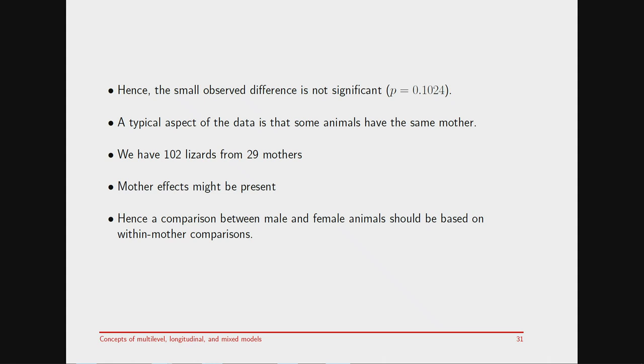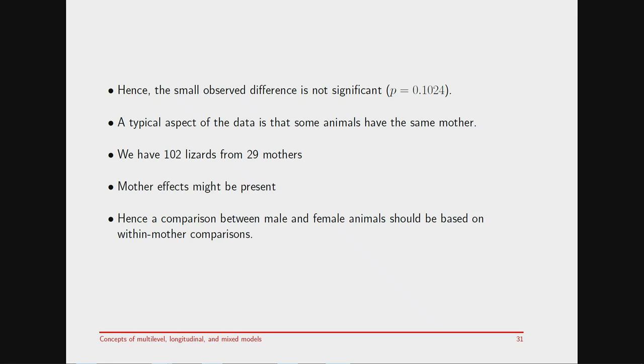The animals with the same mother have some genetic information in common. And maybe that creates a correlation also in the number of dorsal shells that they have. So maybe two animals from the same mother might have dorsal shells that are more alike than animals from different mothers.